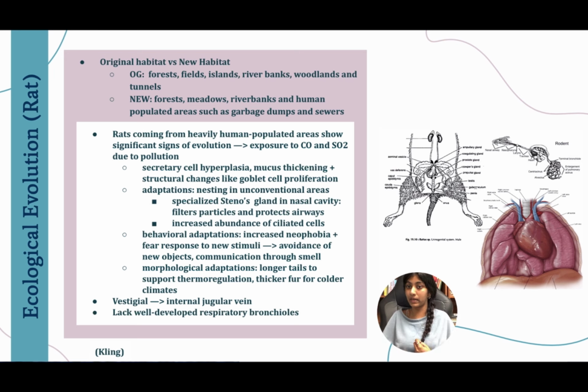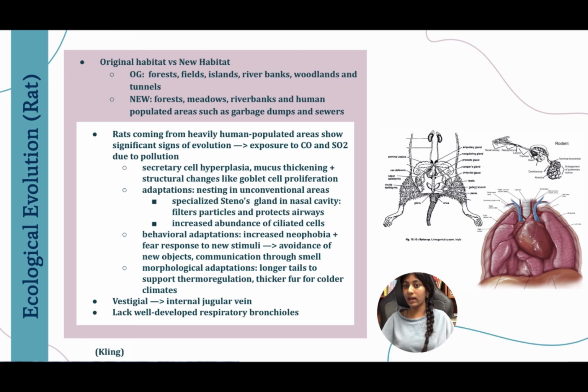So it's always better for the rat to be more cautious of their surroundings. Some morphological adaptations were that they now have longer tails that support thermoregulation, as well as thicker fur for them to keep warm in colder climates.